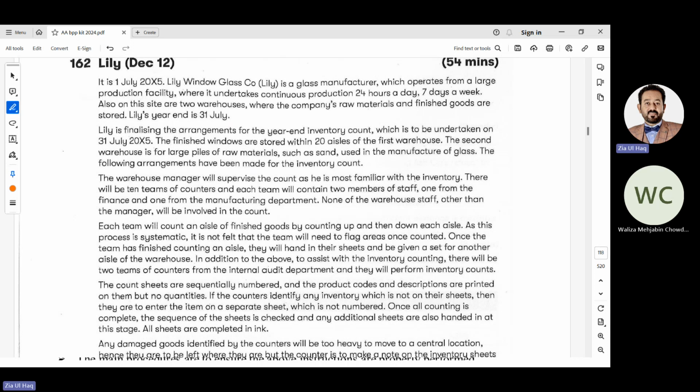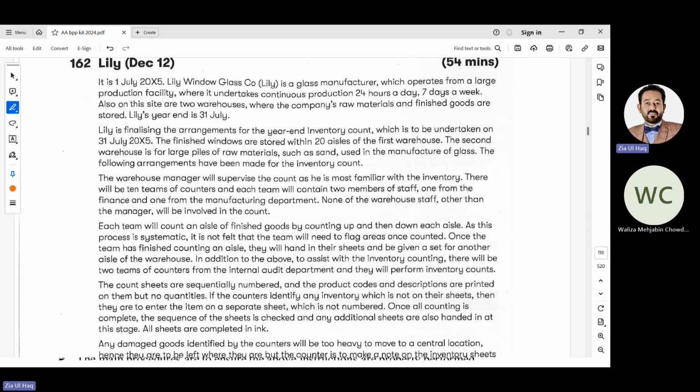Also on this site are 2 warehouses where the company's raw material and finished goods are stored. Lily's year end is 31st July. Lily is finalizing the arrangement for the year end inventory count, which is to be undertaken on 31st July 20x5 at year end.